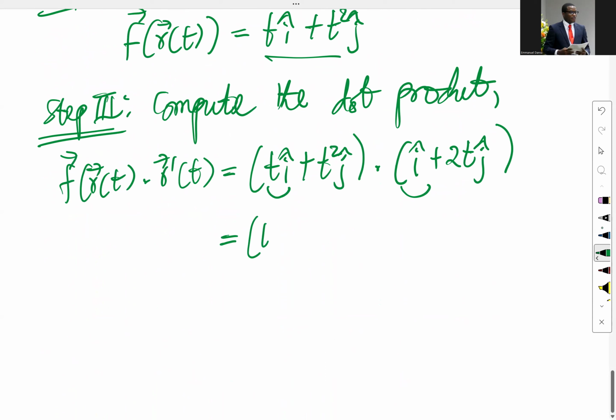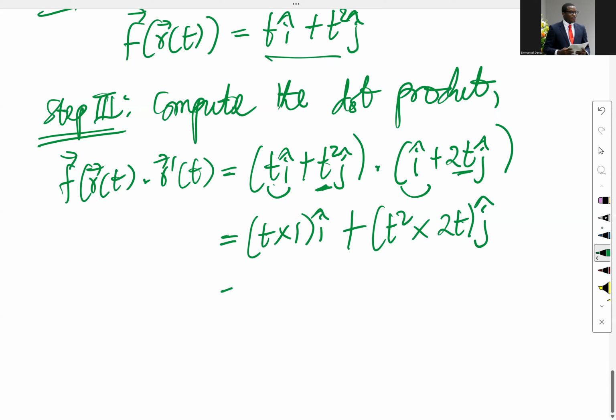So it's t times 1, the coefficient of i here is t, the coefficient of i there is 1. Then that added to t squared multiplied by 2t, then of course j, so that we have ti plus 2t cube j. So that is the dot product for that expression.